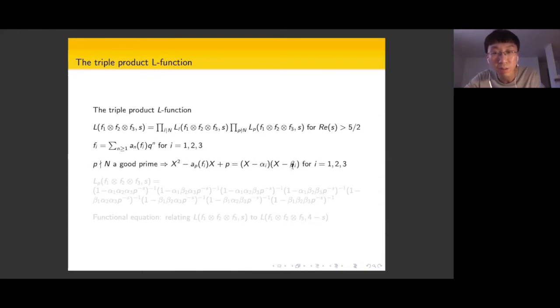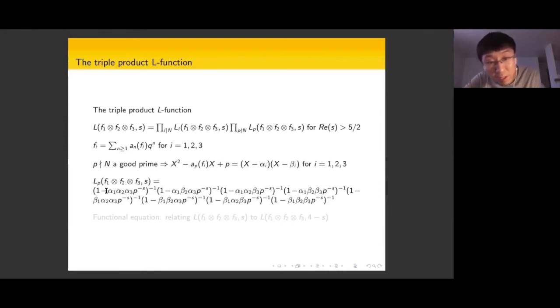So the alpha_i and beta_i are the roots of the Hecke polynomial, and the Euler factor at p is given by this degree 8 term, where you just choose either alpha or beta for the coefficient in front of p to the negative s.